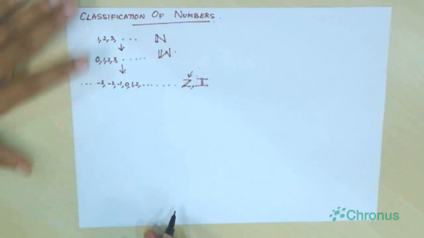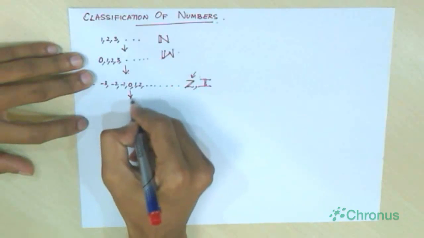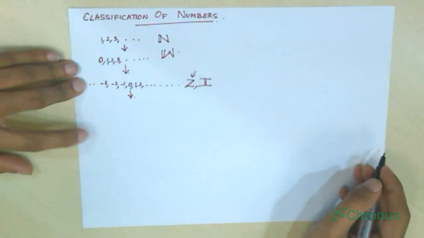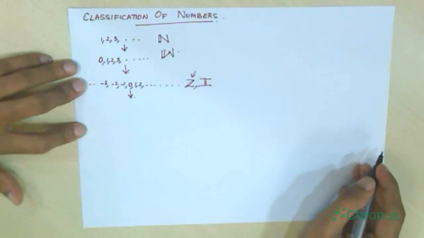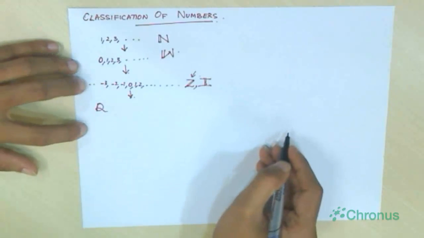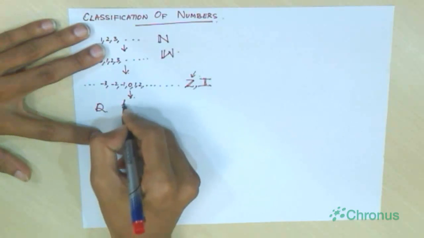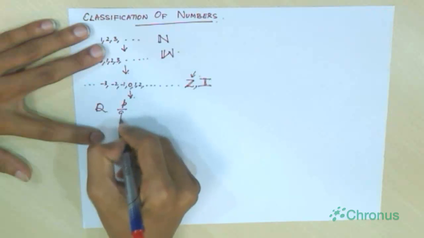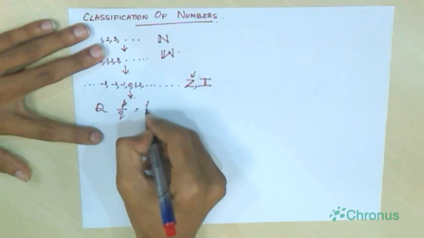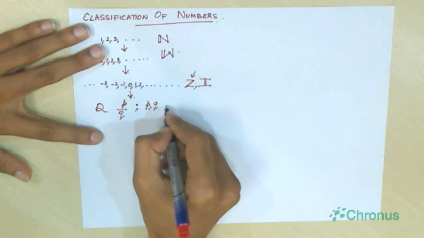And a further extension of integers are rational numbers, which are denoted by the symbol Q. A rational number is any number which can be expressed in the form p by q, where p and q are integers.